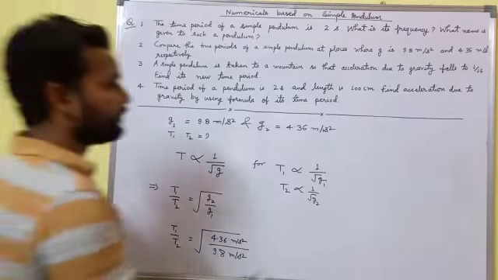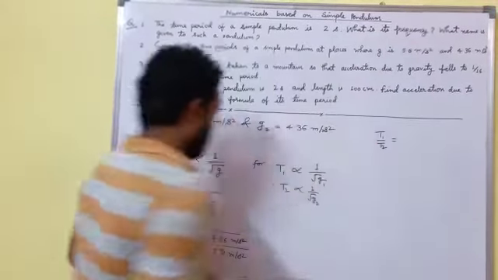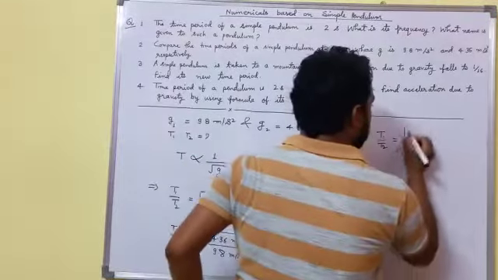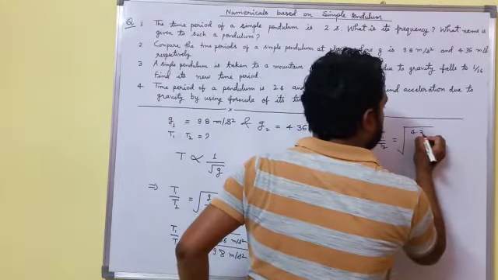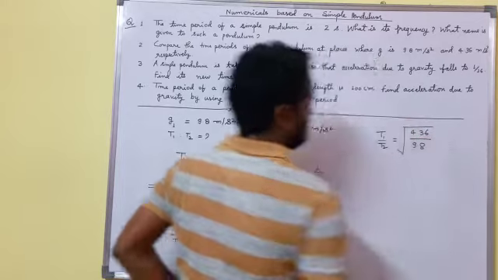Now T1 upon T2 equals root of 4.36 upon 9.8.